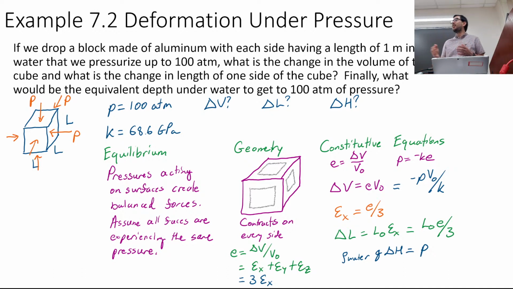We won't derive it here, but if you go back to some of the physics you learned on buoyancy, you can figure out that the pressure at a given depth is going to be equal to the density of the surrounding liquid times g times the change in height. And there's an expression for the depth.